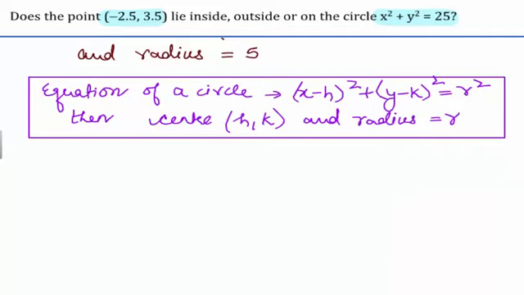Now, let us denote the given point by P. So let P with coordinates (minus 2.5, 3.5) be the given point.